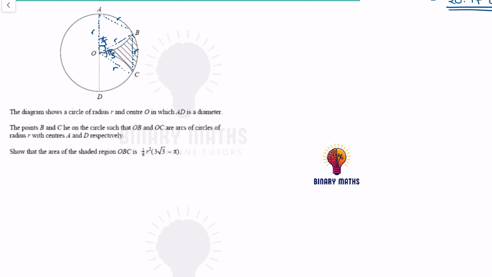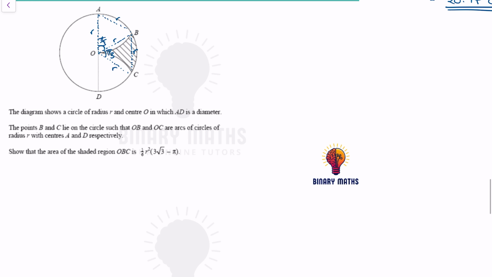What I need to first work out is the area of one of these little sections, because if I work out one of those sections, then I can take away 2 lots of those. So let's rewrite it again. I know these are all r, and this is pi over 3, then I need to work out one of these sections.